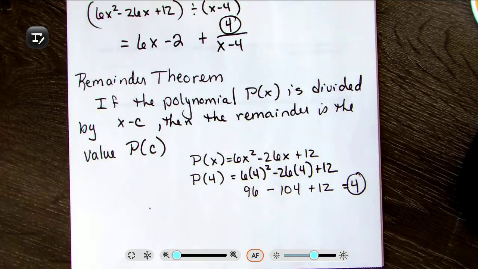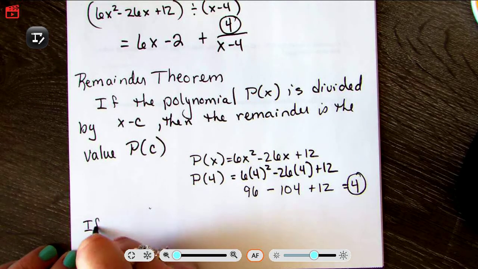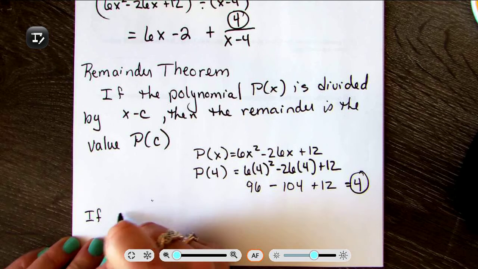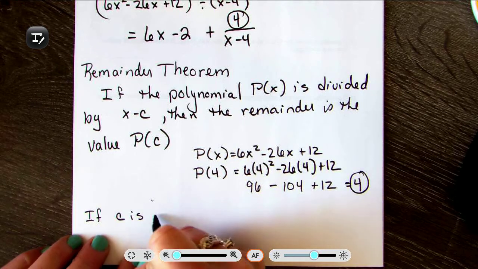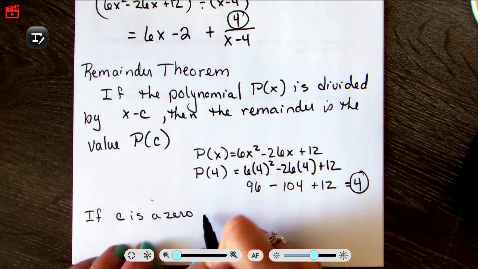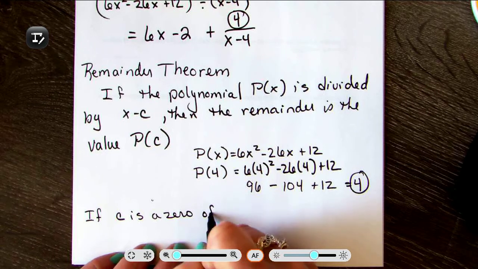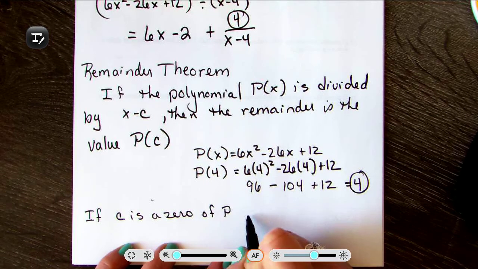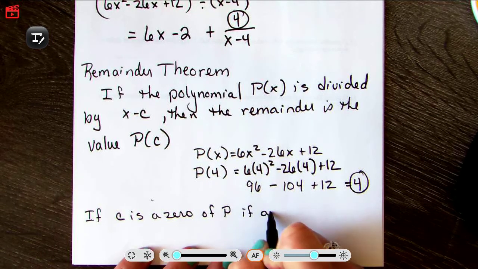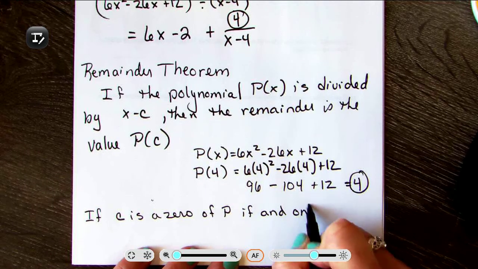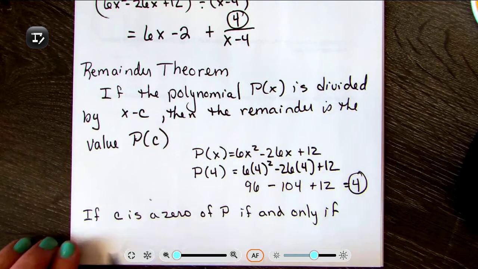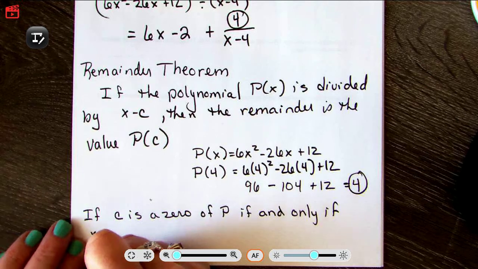Wow. Where this is useful, or where we'll use it more, is if c is a 0 of our polynomial p, then x minus c is a factor.